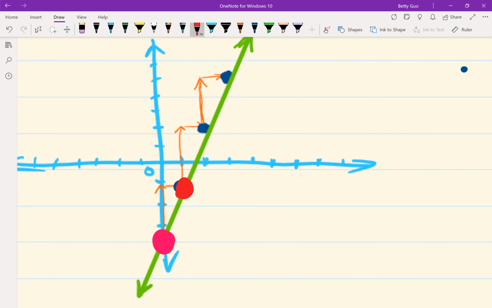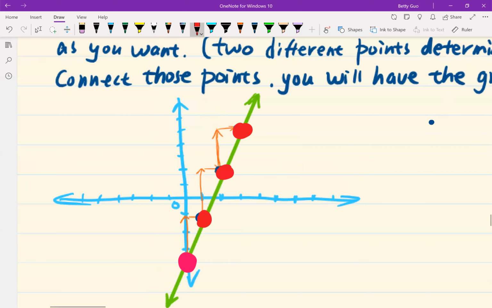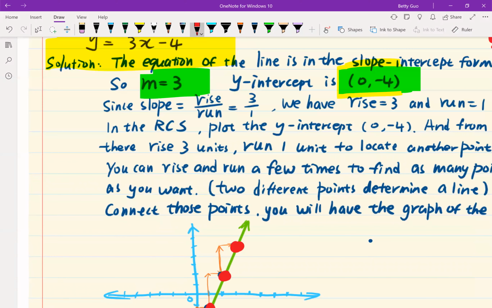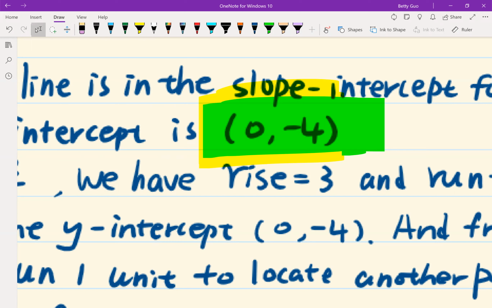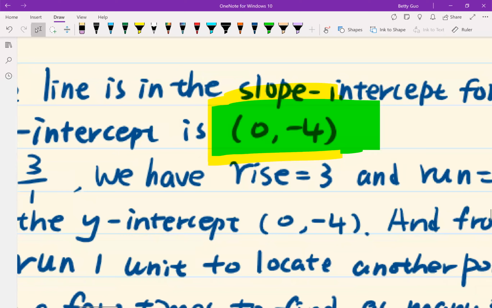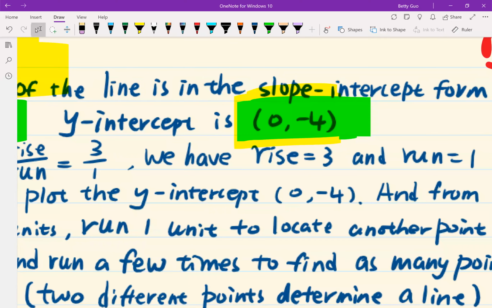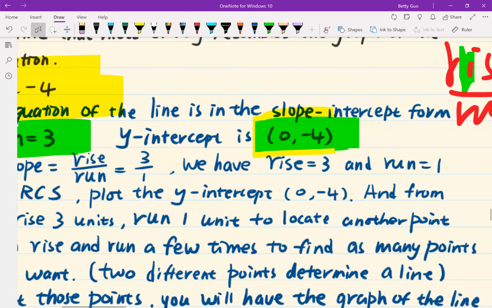You do the same thing again and again, and when you have enough points, you connect them and you have the straight line. If you see a straight line which does not go through 0, -4 at all, would you choose that? No, of course. So you can use those properties to eliminate some answer choices to narrow down the correct answer. Any question about number 20?